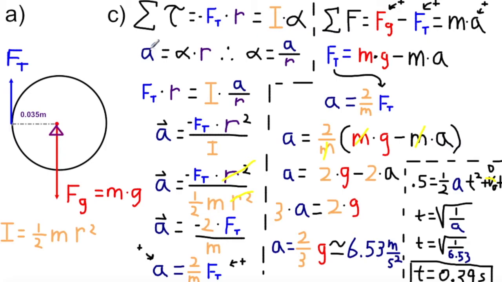We also know that linear acceleration is equal to angular acceleration times radius. So we can rearrange that. Our angular acceleration equals our linear acceleration divided by radius. And here I have A in the dark blue because from here on out I'm going to be solving it in terms of linear acceleration, whereas the last one we used angular acceleration.